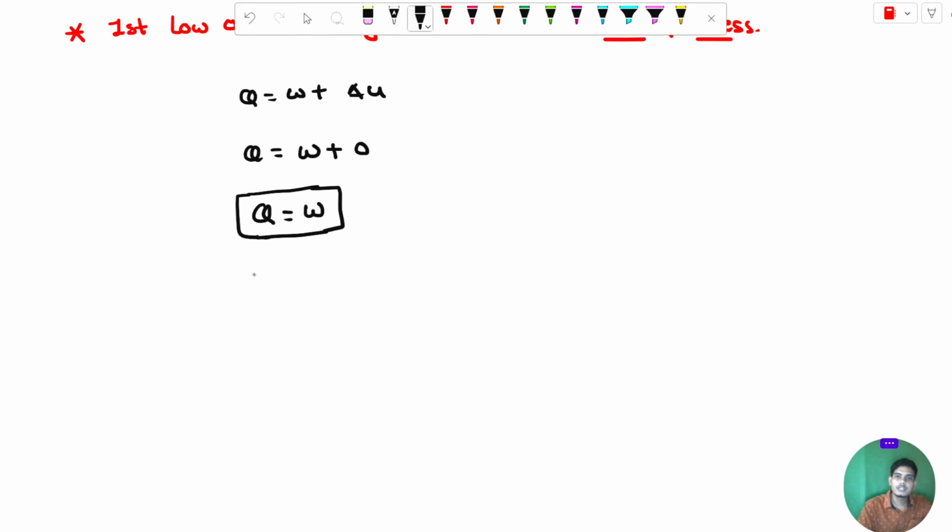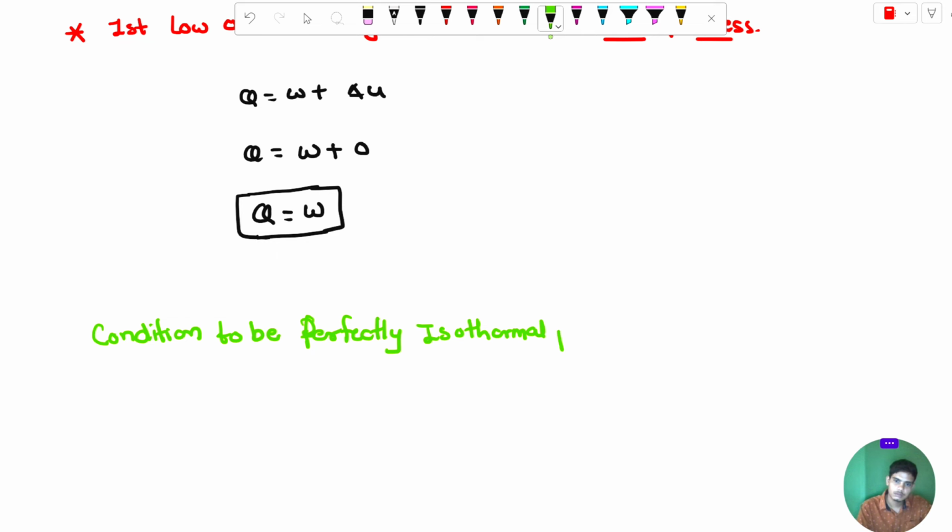The conditions to be a perfectly isothermal process. What are the conditions?